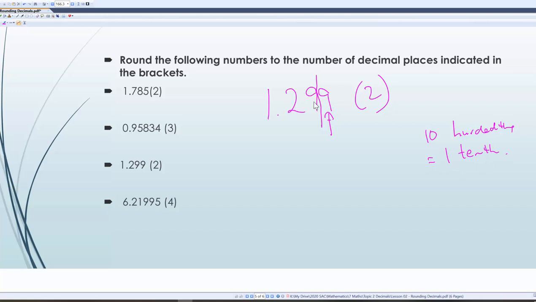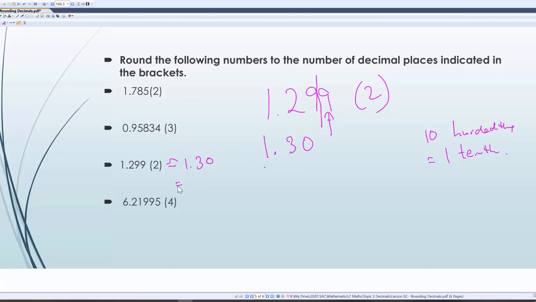So by adding 1 to this column here, I'd make this 1.2, so 2 tenths and 10 hundredths, which is exactly the same as 1.30. That is 0 hundredths and 3 tenths, because I'm going to exchange those 10 hundredths and put them into the tenths. So that would be 1.30.